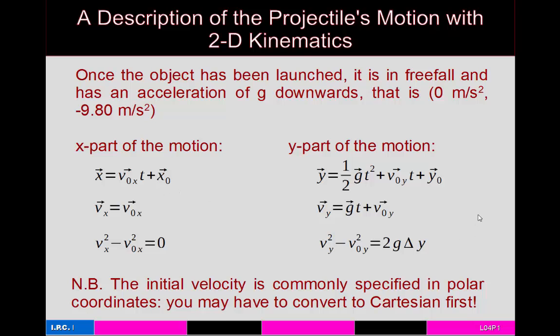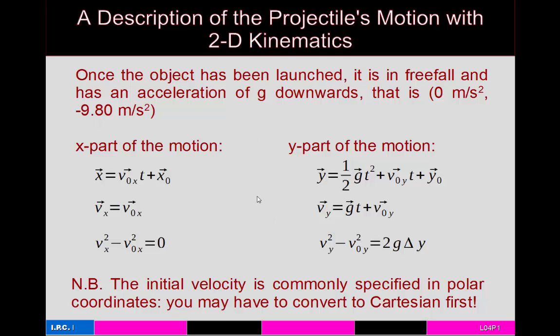You have some initial velocity, which has an x component and a y component. And then you have an acceleration, which is g downward, so basically 0 meters per second squared i-hat minus 9.80 meters per second squared j-hat.